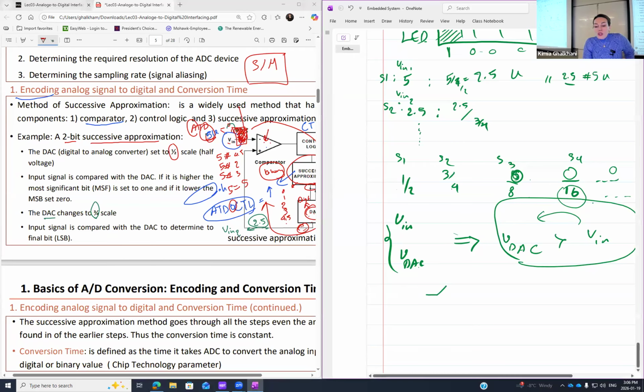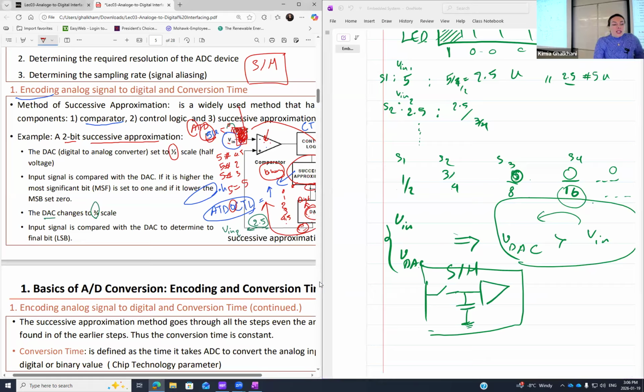I did have one switch, and then right in here, I had a capacitor. Can you remember? And this capacitor was grounded. And this block, which I had in here, was called sample and hold. So this block is right in here, right after the input voltage.